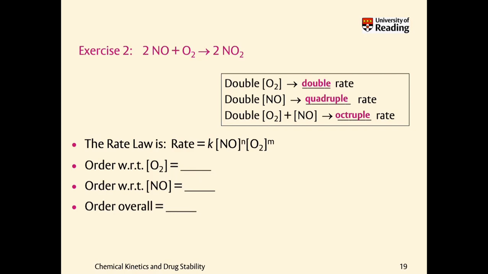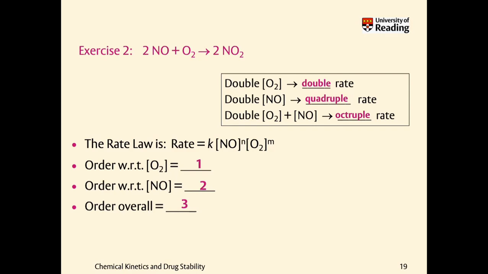If you replace the proportionality sign, we can say the rate equals the concentrations to the power of their orders multiplied by a constant. So remember, we have worked out the orders from the experiment.